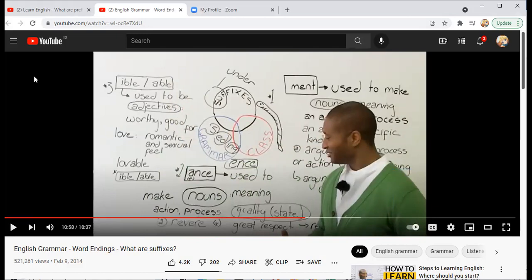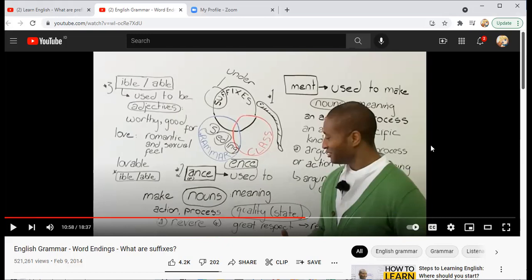Okay, so the other common suffix that you're going to find is ance or ence, A-N-C-E or E-N-C-E, meaning quality or state. So it means a state of being.